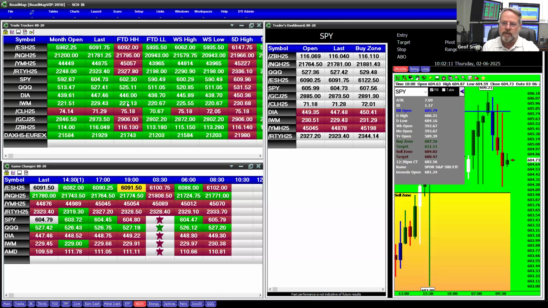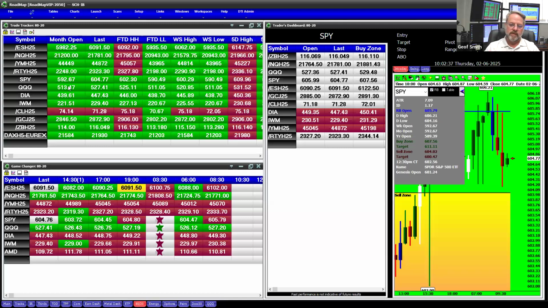So when it grabs the open on the futures, it's from basically 6 p.m. Eastern time on Sunday, whereas the SPY, QQQ, DIA, IWM are basically equities, and they open up at 8:30 in the morning, right? So there's basically 15 and a half hours between the open of the futures and the open of the equities. So you're seeing a little bit of difference there just because of that.